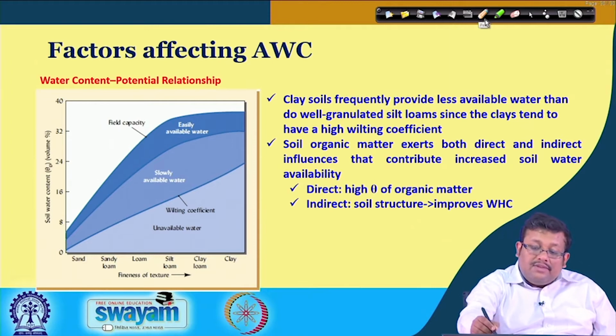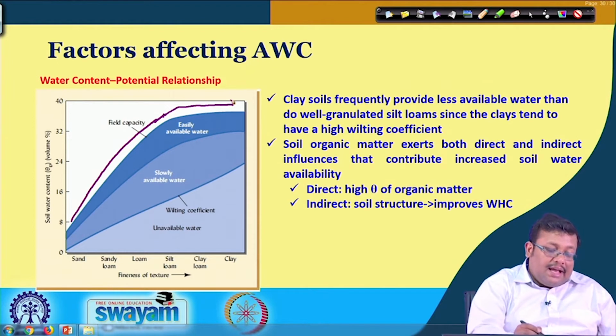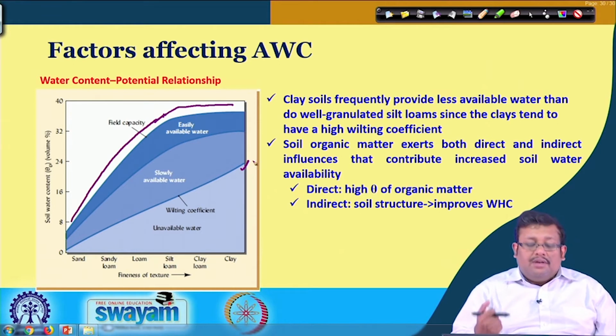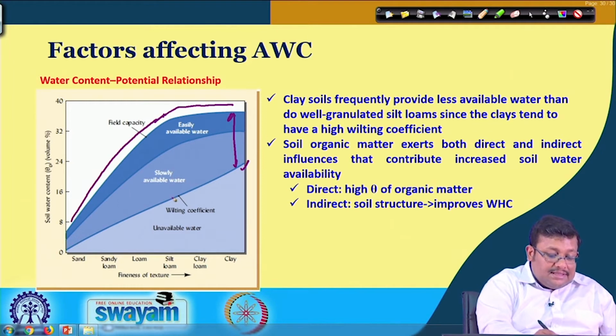As we go from sand to sandy loam to loamy soil to silt loam, there is a continuous increase in volumetric soil water content, and ultimately it levels off. The wilting coefficient also increases and reaches its maximum in clay soil because of the high moisture retentive capacity of the clay soil in its micropores. So the difference between field capacity and wilting point in clay soil is smaller than in silty loam soil.